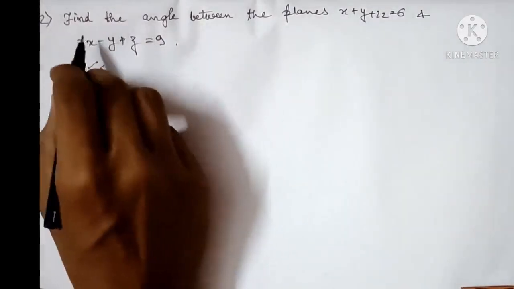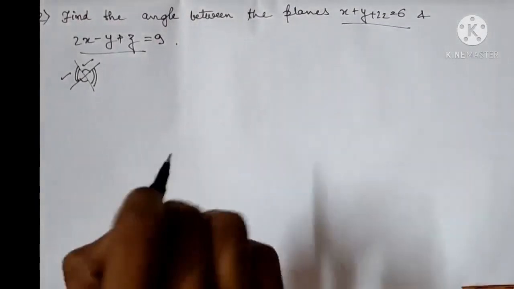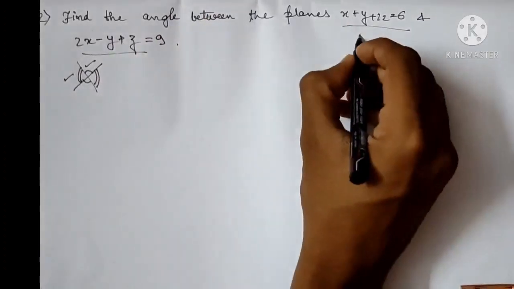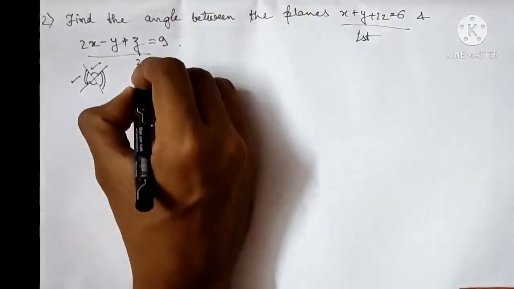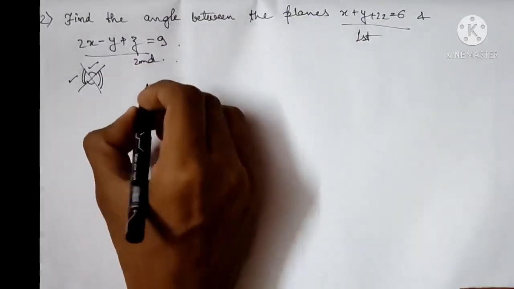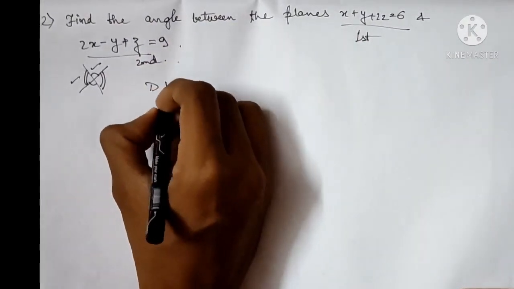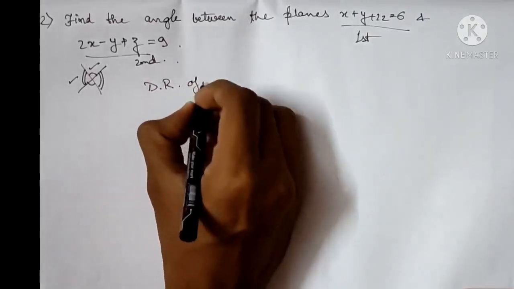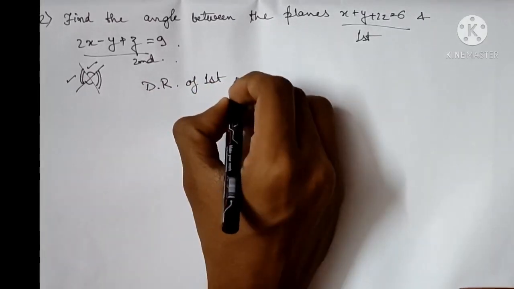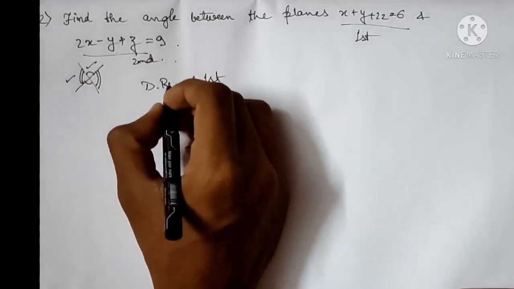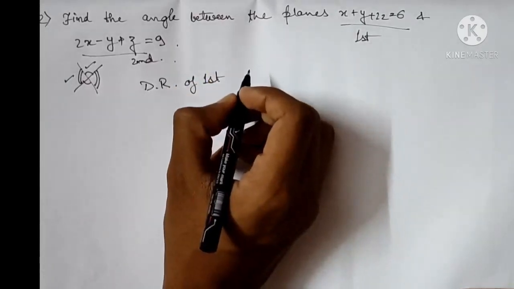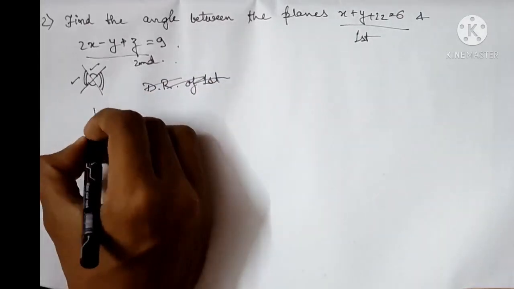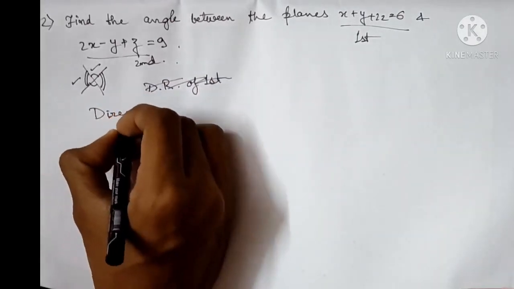Okay, so let's start. Here we are having these two equations. At first we will write the direction ratios. Let's suppose this is the first one and this is the second one. Now we will write the direction vector, that will be quite better.